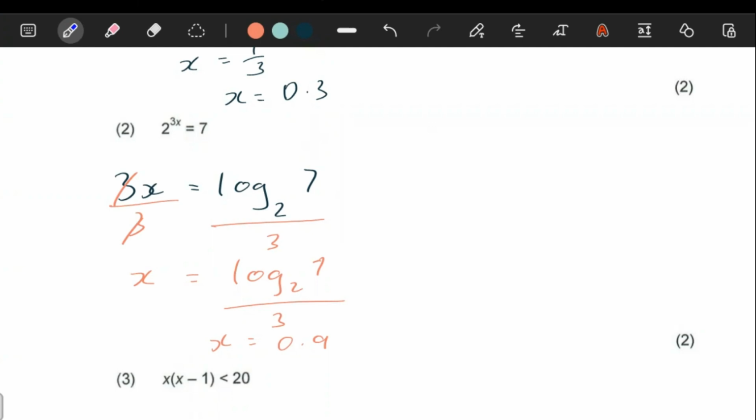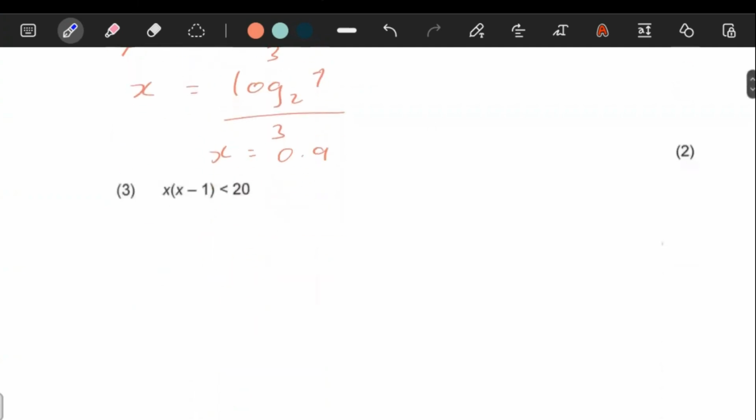So getting our parabola here, we're just going to multiply inside the bracket. It's going to be x squared and then minus x. The 20, you can bring it over, right?